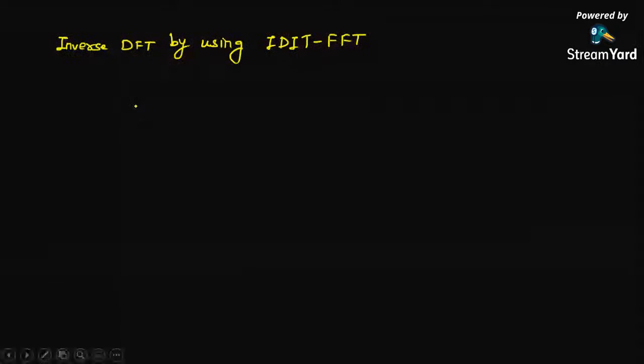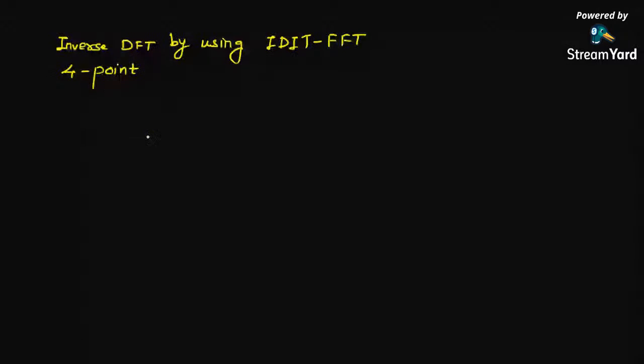Now see, in case of inverse DFT, while finding inverse DFT by using the inverse DIT-FFT technique, what is the change? You have to use the same DIT-FFT flow graph that was used by you. Here we are going to discuss the 4-point inverse DFT.